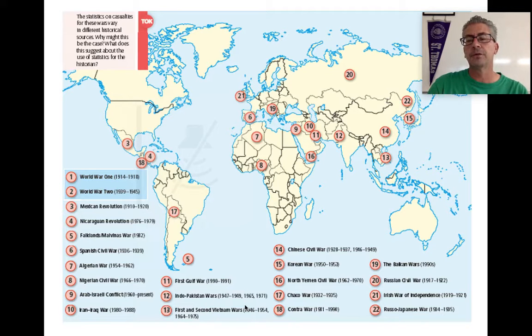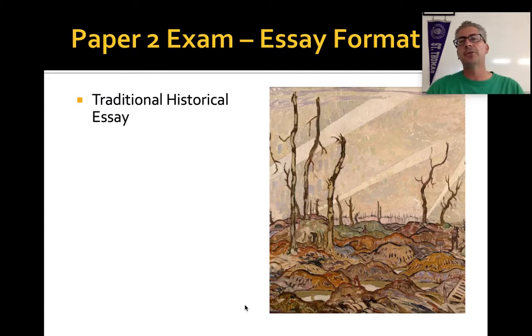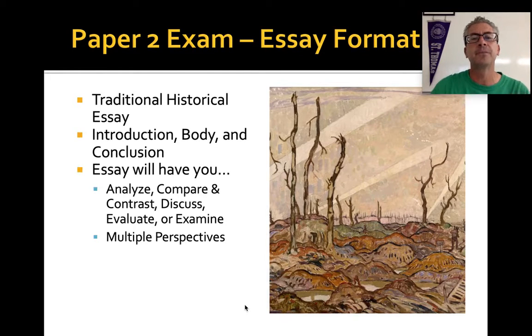after World War II. So one thing also associated with Unit 2 here is another aspect of IB history that we need to focus on, and that is the essays. All right, and so Unit 2 and Unit 3 will all be topics that will appear on the Paper 2 exam. And so what that means is a traditional historical essay, an intro, body, and conclusion.